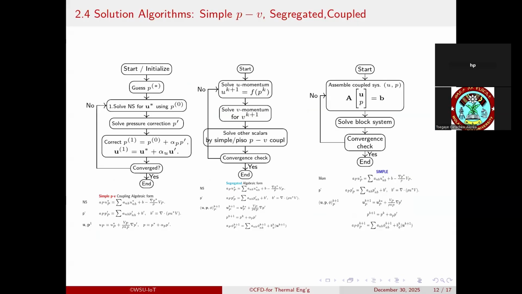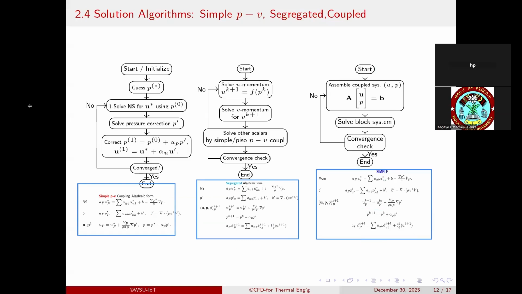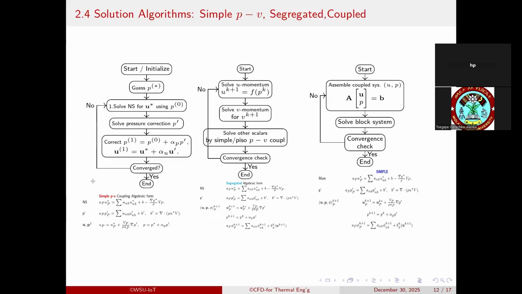Discretization. Three types of numerical solution algorithm can be used for simulation: SIMPLE, segregated, and coupled. The illustration shows the solution flowchart. In the SIMPLE algorithm, the following steps are subsequently applied. The first step is to guess the pressure field.